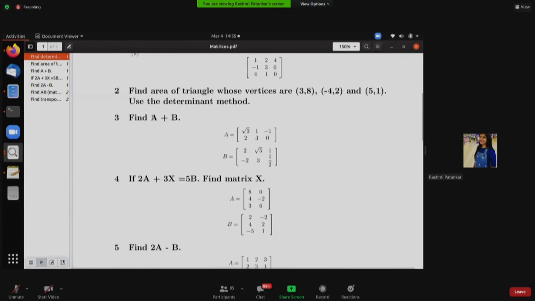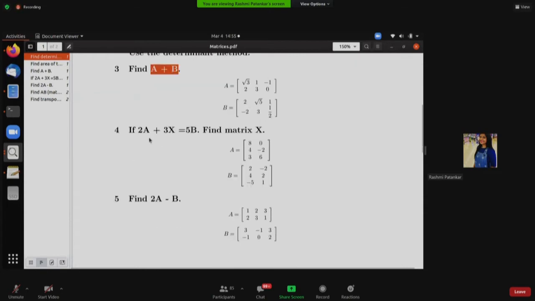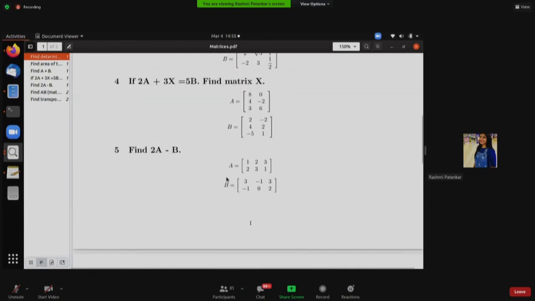In this question, you have to add the two matrices. This question says that you have to calculate the value of matrix X from this particular equation, where the matrices A and B have been given.